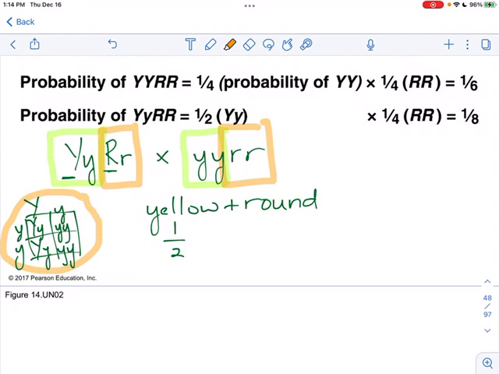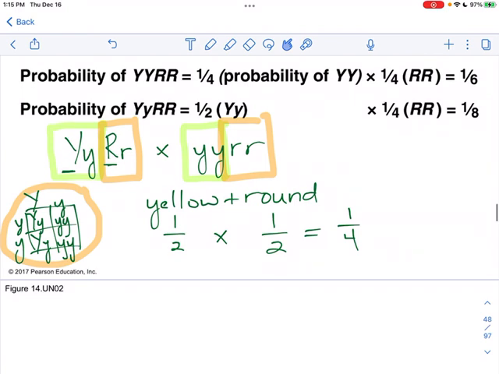So we're still going to have big R in 2 out of 4 of those boxes, or 1/2 the time. So the total probability of receiving yellow and round offspring from this cross, since I'm asking for 2 independent traits happening together, uses our multiplication rule. So 1/4 of the time, I'm going to end up with yellow and round offspring from that cross.